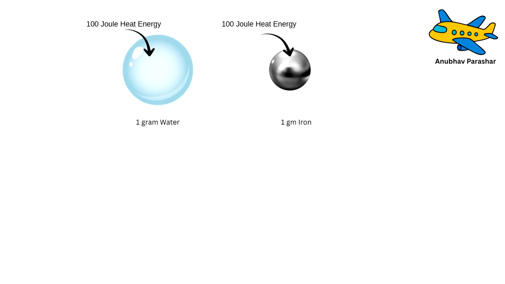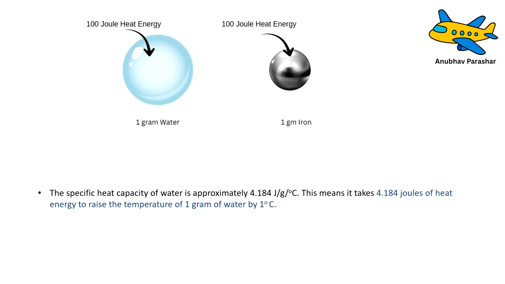Now let us take the example: 100 joules of energy to water and 100 joules of energy to iron. The specific heat capacity of water is approximately 4.184 joule per gram per degree centigrade. This means it takes this much energy to increase the temperature of 1 gram of water by 1 degree centigrade. So if you're supplying 100 joules, we simply divide 100 by 4.184.